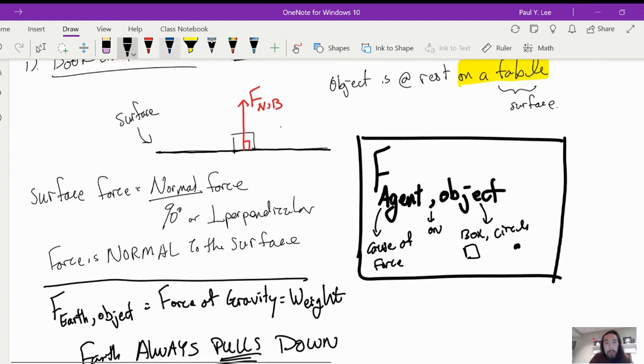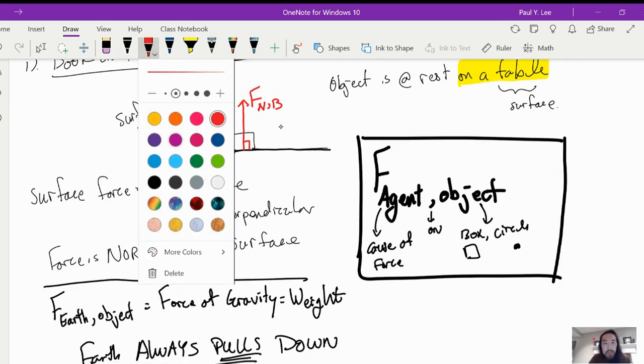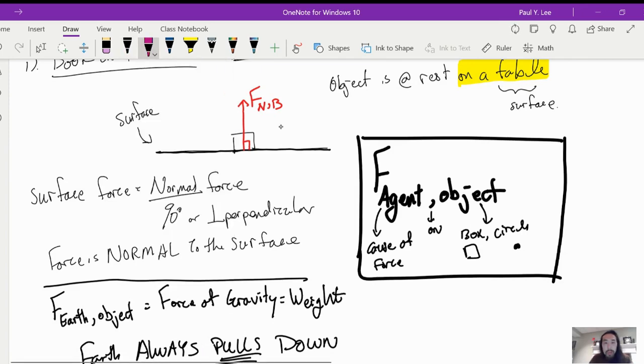For our diagram here, I'll use a different color. Let's use purple. I'm going to draw this line straight down like so, and I'm going to say F of the Earth. You can label it as F of G or F of E, comma, on the book.